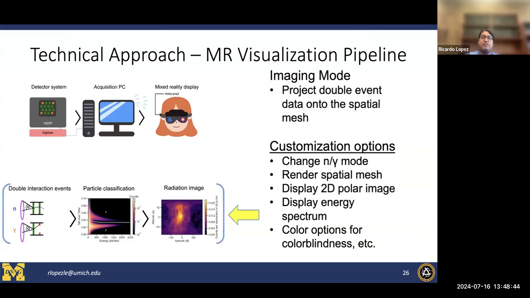And by making use of the double interaction events, separating them out based on particle type, and then projecting the cones, the user would be able to turn on the imaging mode of an application that we built, and then have a lot of customization options at their disposal, such as changing between neutron and gamma ray imaging modes, rendering the spatial mesh, displaying the 2D image, displaying energy spectrum information, and, of course, being able to adjust the color options for the visuals to account for, say, certain types of color blindness.